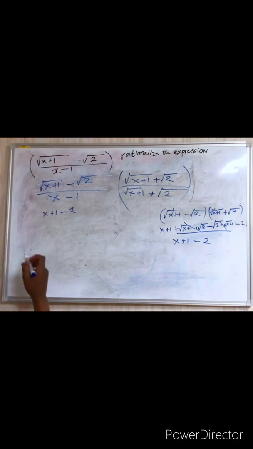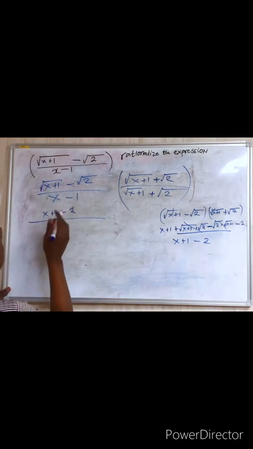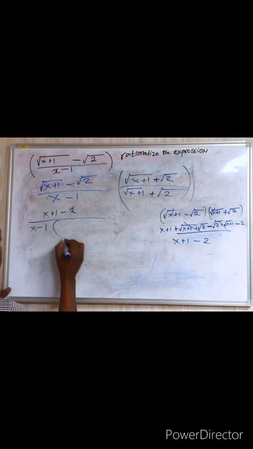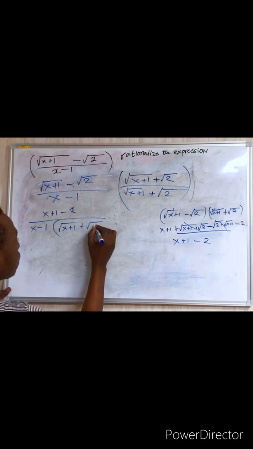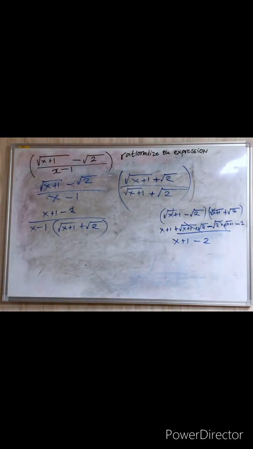So when you look at it now, we just have to divide by x minus 1 multiplied by root x plus 1 plus root 2. On the top part we have x plus 1 minus 2. This one can be simplified.